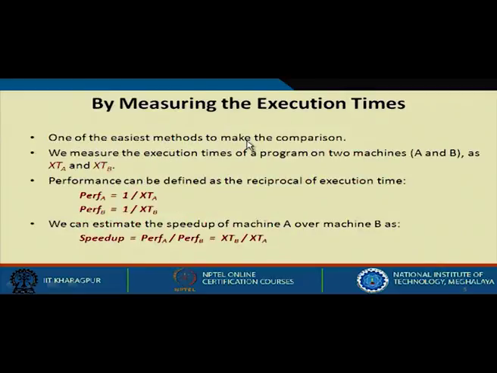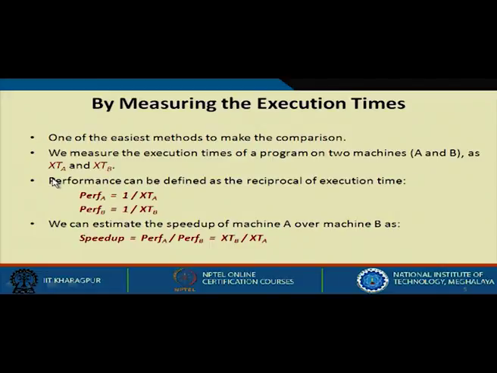Now, we will see how we compare the performance of several machines. One of the easiest methods is to measure the execution time of a program on two machines, A and B. We say the execution time of A is XTA and the execution time of B is XTB. Performance is 1 by XTA, and performance of B is 1 by XTB.